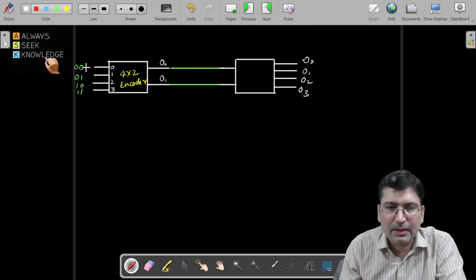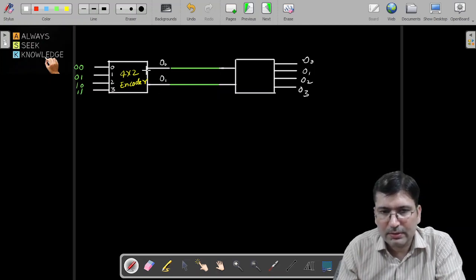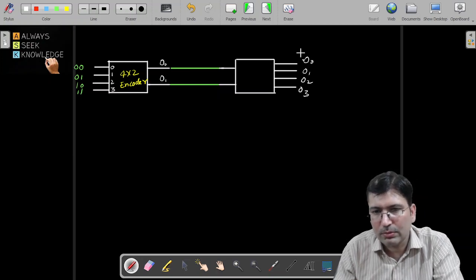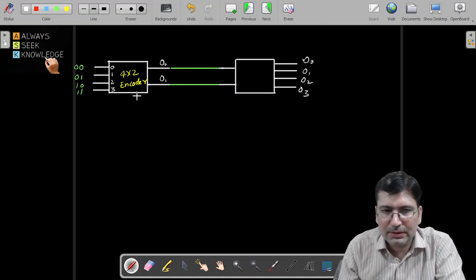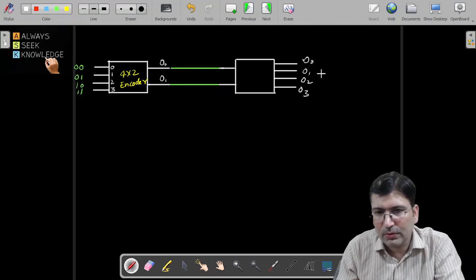Let's say the sender has set the 0th input I0 high, then this will send 0 0. Once 0 0 comes as input, O0 will become high, not O2, it is O0. In case the sender is sending 0 1, then 0 1 will come here, which means O1 will become high.